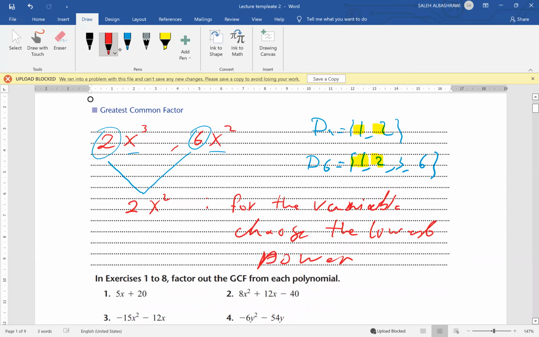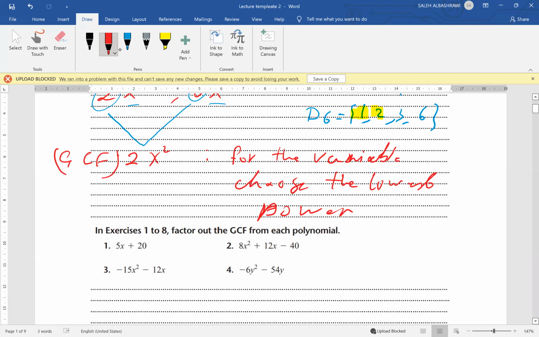This is how to factor out. So we can say 2x squared is the GCF, greatest common factor. More examples for this part.